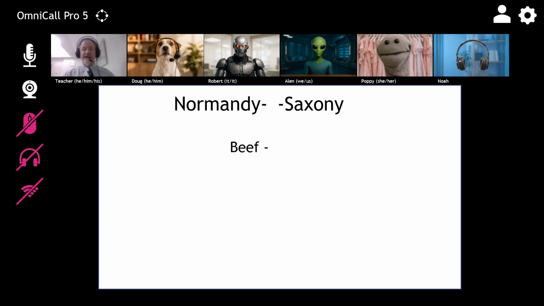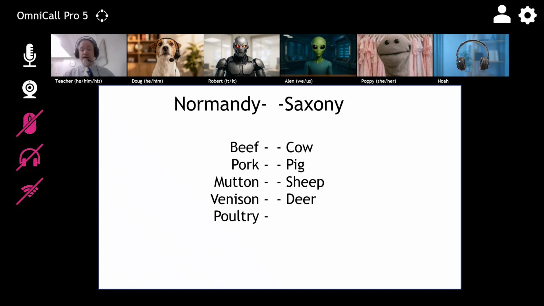We have beef and cow, pork and pig, mutton, sheep, venison, deer, poultry, chicken, pastry, bread. This is the example that you will see again and again in many different teaching systems and textbooks that shows that there is a split between Norman and Saxon.